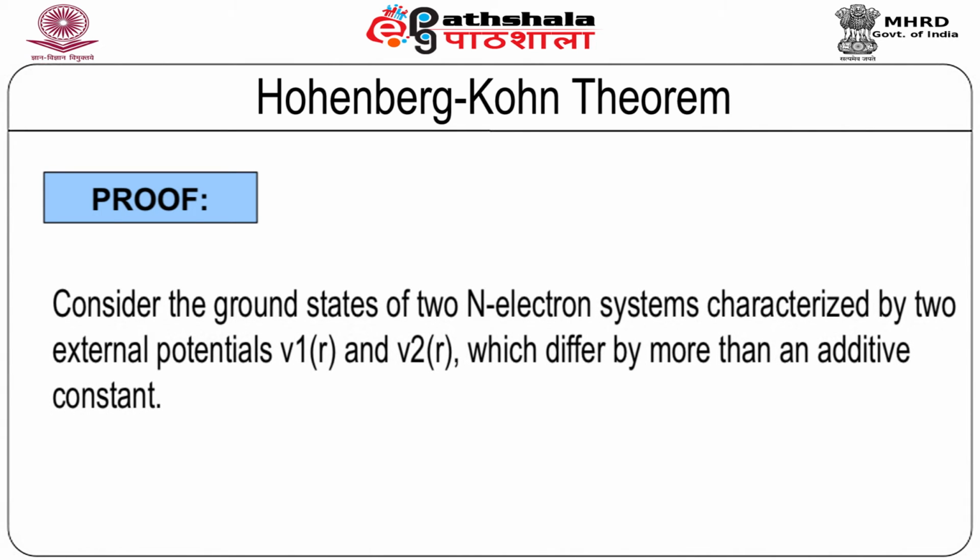Consider the ground states of two n-electron systems characterized by two external potentials V1 and V2, which both depend on the space coordinate r. These two potentials differ by more than an additive constant.